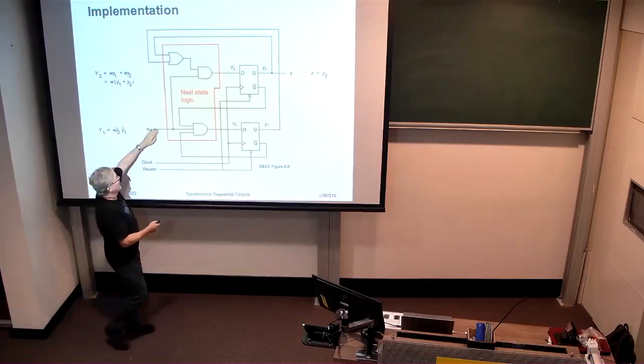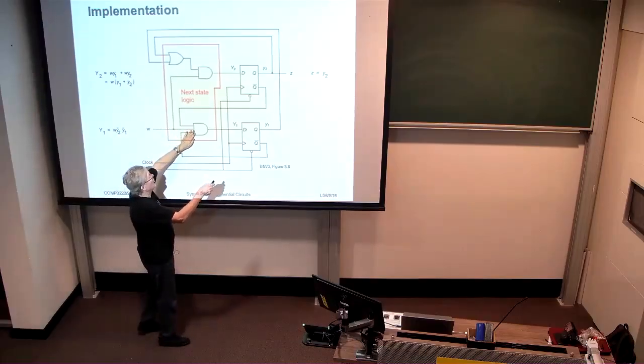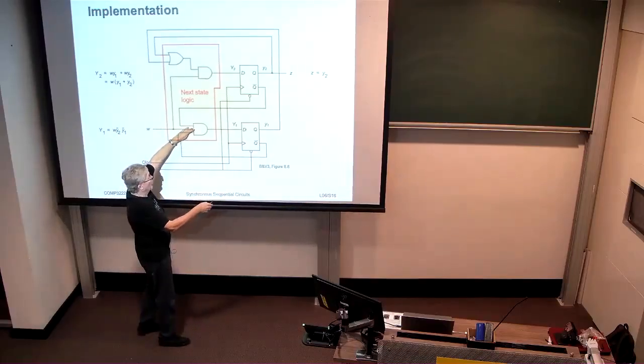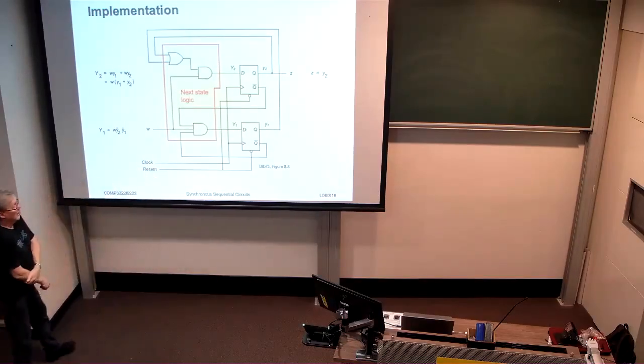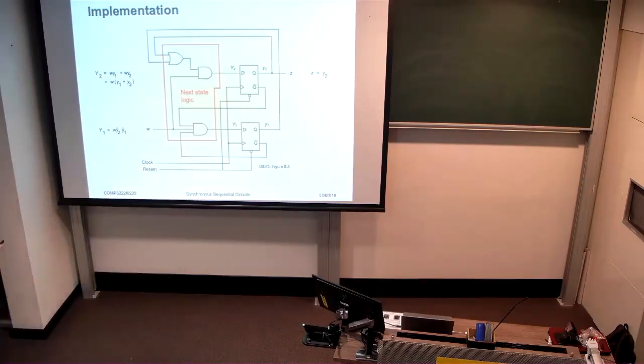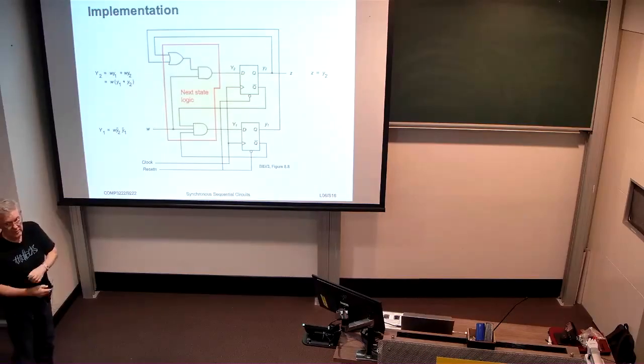So here's W coming in, and we have a not Y2 coming in and not Y1 coming into this AND gate. So that provides capital Y1. And capital Y2 is given by, again, W and either Y2, sorry, or Y1 coming in via this OR gate up the top. And finally, the output logic Z is 1 when Y2 is asserted.